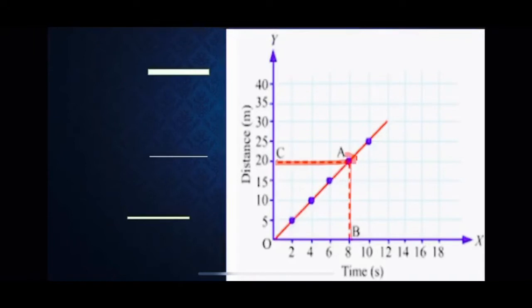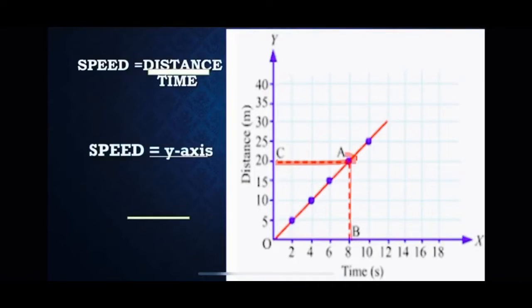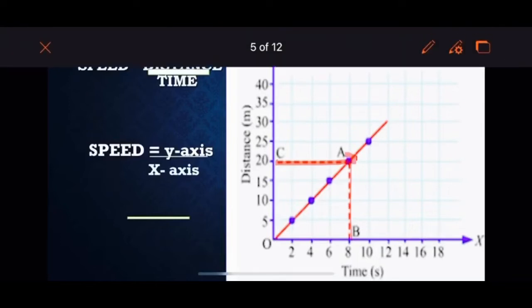Now the formula for speed is distance divided by time. Here distance is on the y-axis and time is on the x-axis. So we can write speed as y-axis divided by x-axis.